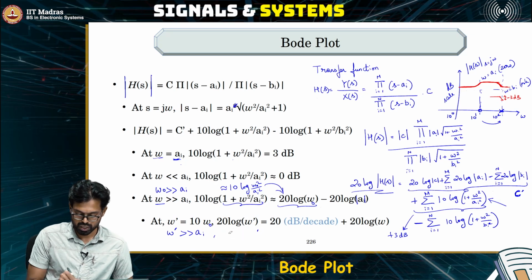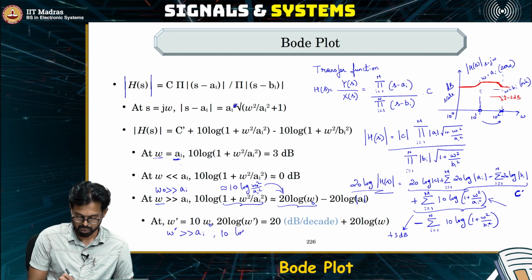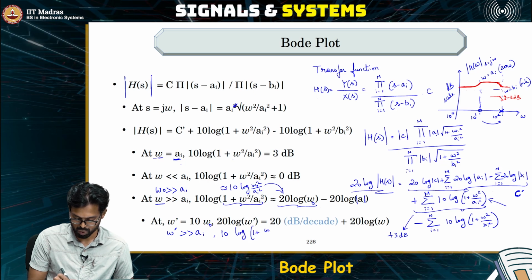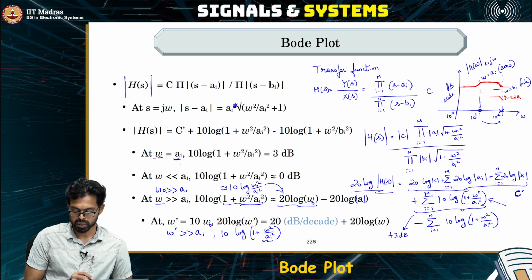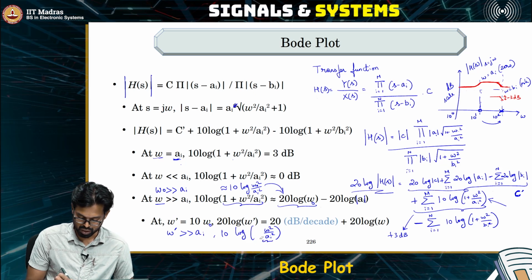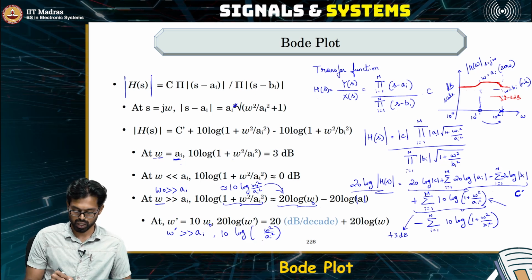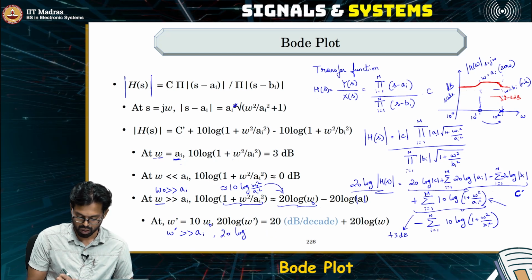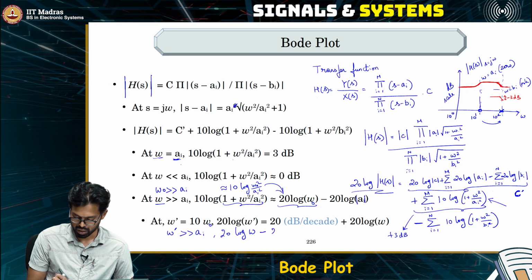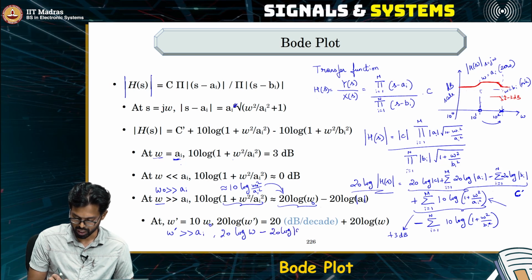All you have to do is compute log of 1 plus omega square by ai square. Of course, this term is much greater than 1, so you approximate it by removing this 1 and simplify to get 20 log omega minus 20 log mod ai.